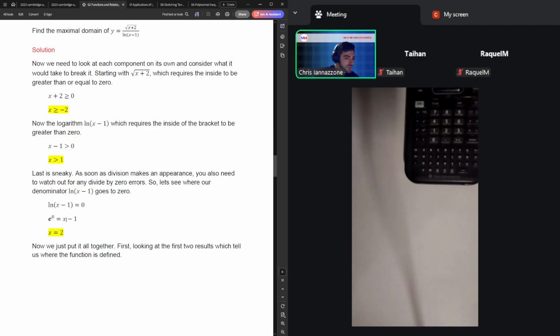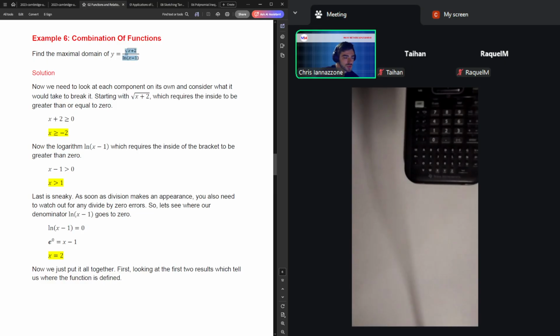E to the 0 is just 1, add 1 to both sides, you're going to get x equals 2. So this x equals 2 is going to be something that causes the bottom to go to 0. So in other words, the divide is perfectly fine so long as x is not 2.